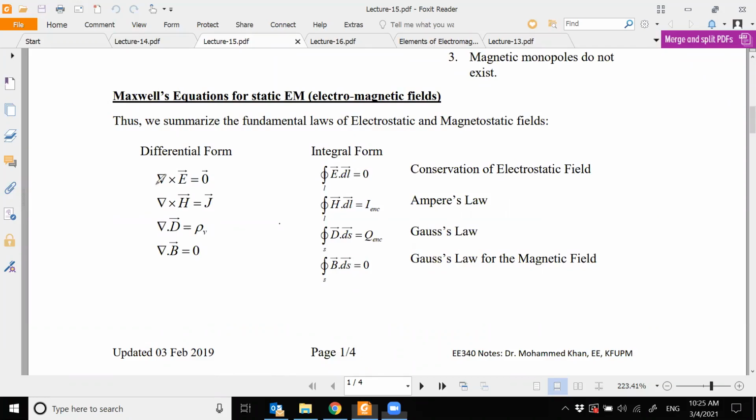We have laws 1 and 2 of electrostatics, and we have laws 1 and 2 of magnetostatics. In electrostatics, del cross E is 0, which comes from the conservative nature of the electrostatic field. Integral form: closed line integral of E bar dot dl bar is 0. And then del dot D bar is rho v. This is the differential form; this is the integral form of Gauss's law for electrostatics.